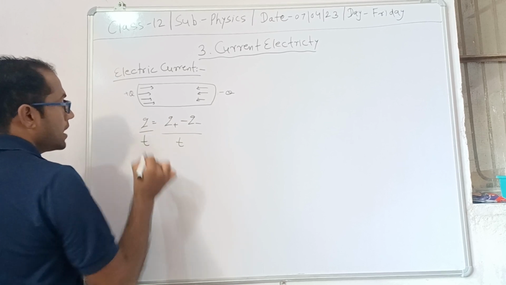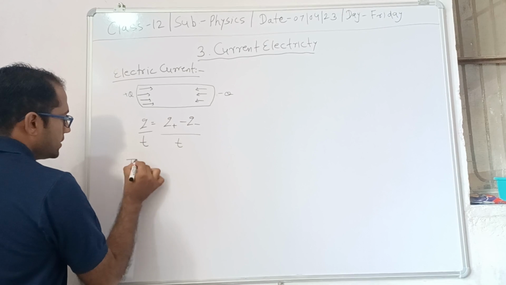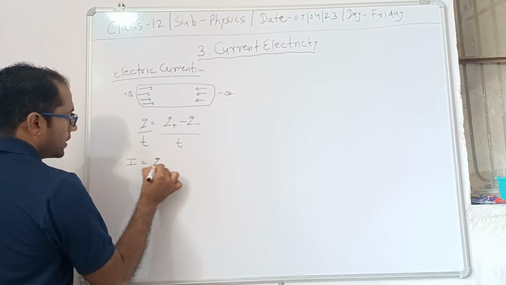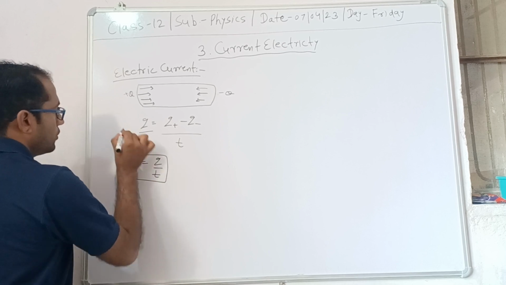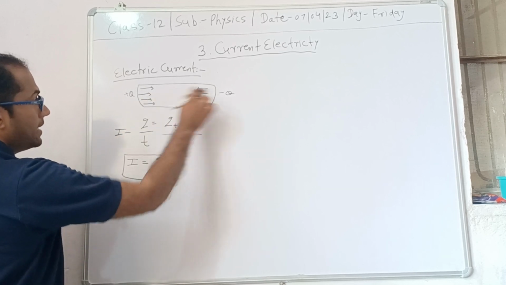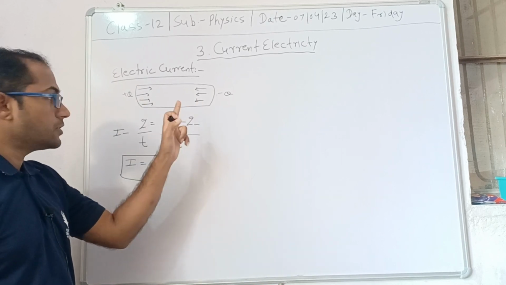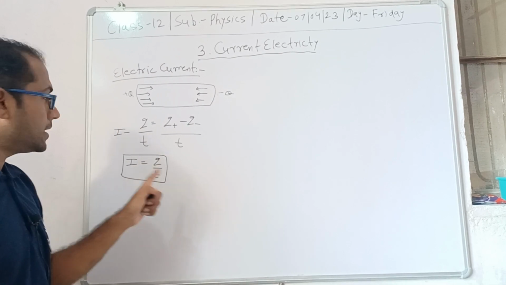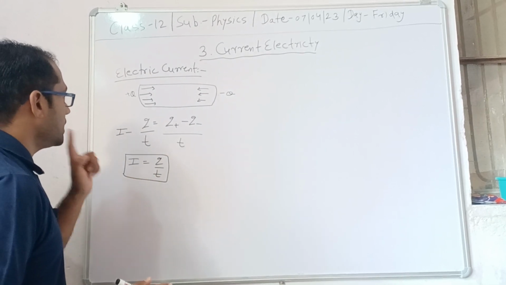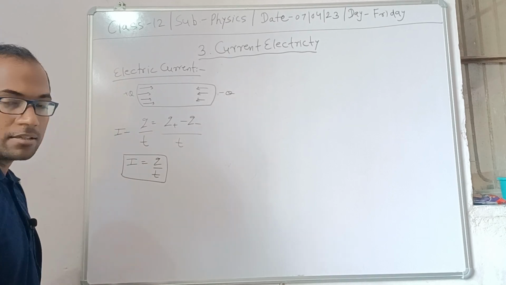The net charge, positive and negative, flowing in this conductor per unit time is equal to current. Remember that charge per unit time is equal to current. So this is the basic definition of the current.